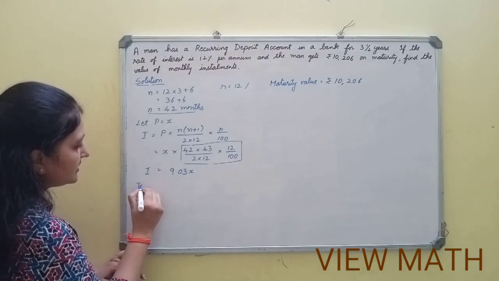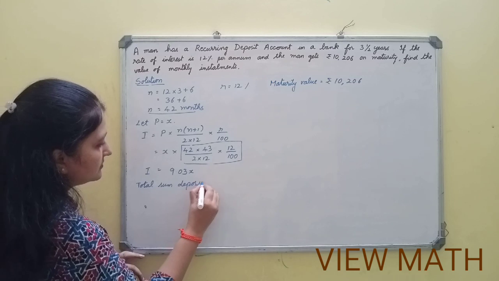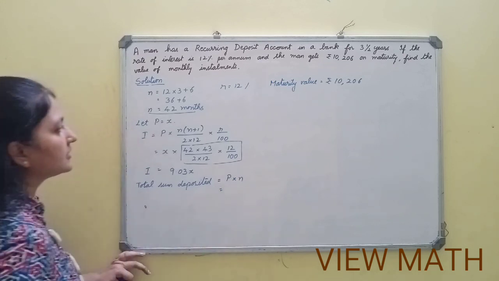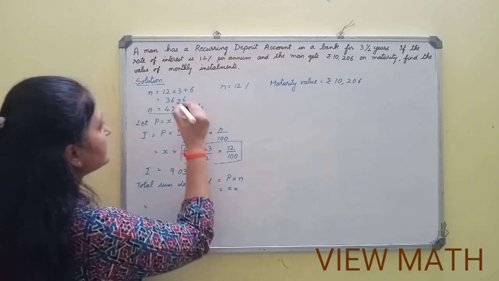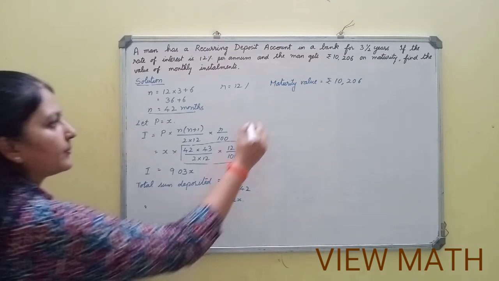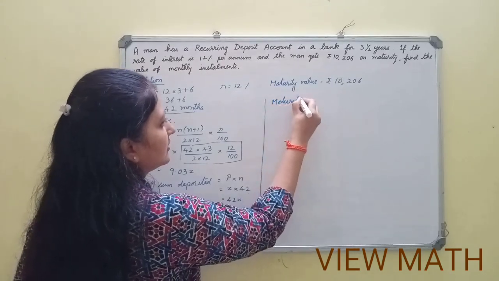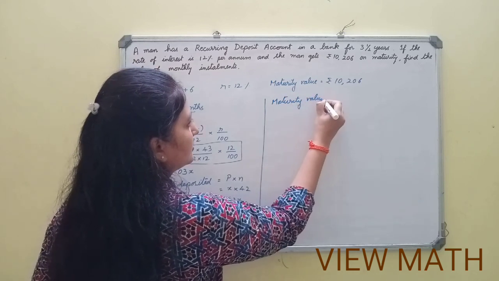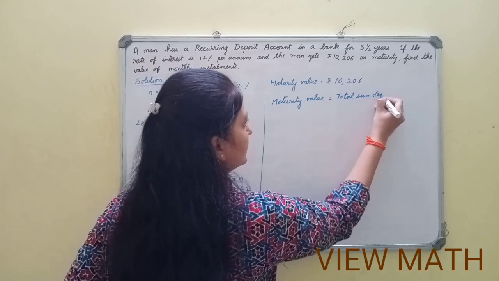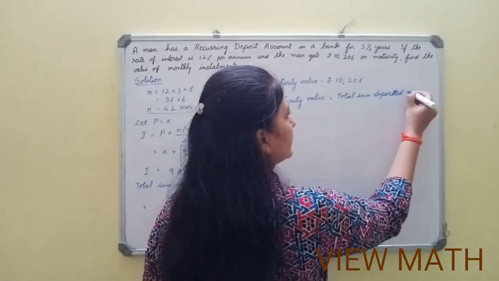Next, total sum deposited. Total sum deposited is P into N. Here P I have taken it as X and N is 42. So which is equal to 42 X. Maturity value is equal to total sum deposited plus interest.